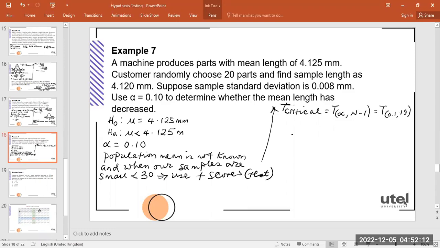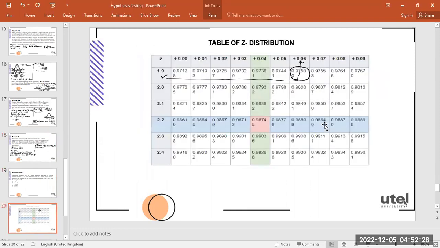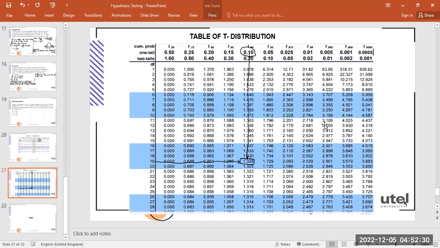And so this implies that t at 0.1, 19 will be obtained directly from the t table. So permit me to go straight to the t table. You can see here's the t table.